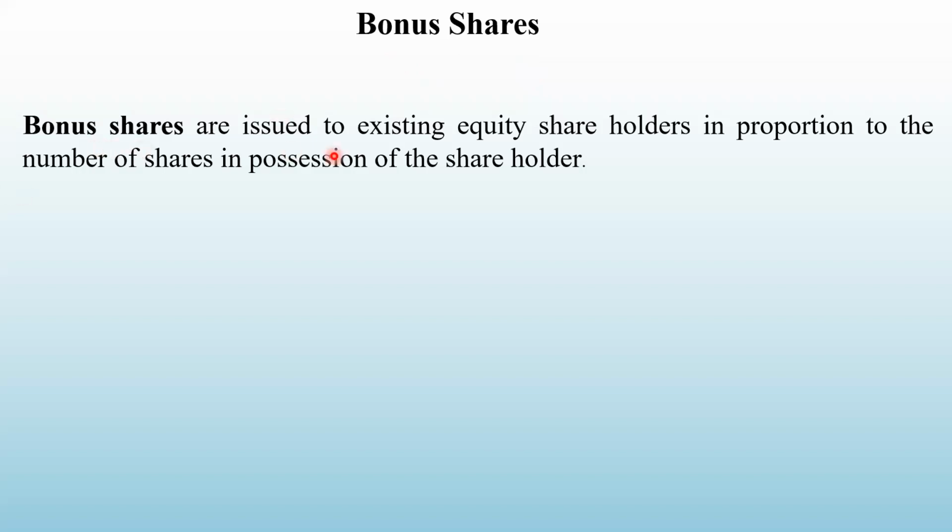So bonus shares are issued to the existing shareholders in proportion to the number of shares they have. For example, suppose a company declares 2 bonus shares for 10 shares.